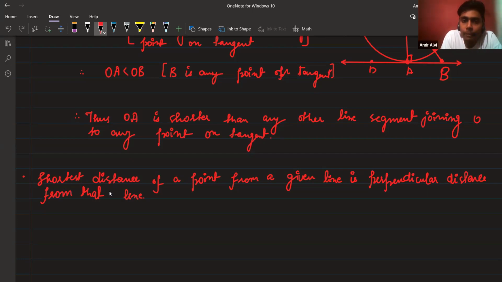Clear, everybody? And if the perpendicular distance is there, it means that the radius is perpendicular. Basically, this radius is perpendicular to the tangent.